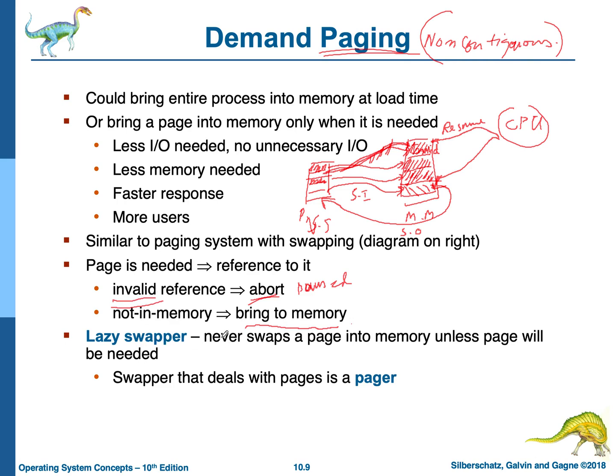So the lazy swapper never swaps a page into the memory unless the page will be needed. This is a good thing. The swapper that deals with pages is a pager.